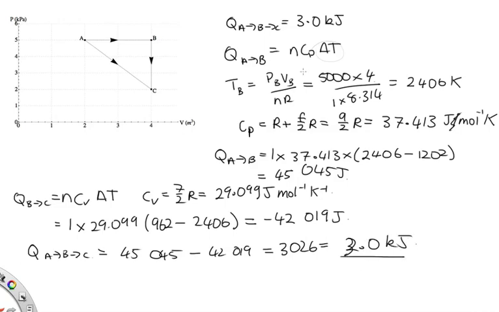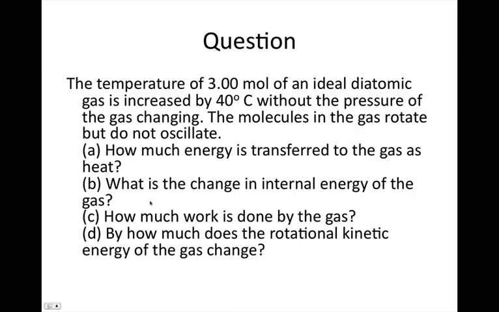So that gave us the same answer as we got using the first law of thermodynamics. As you can see, where possible, use the first law of thermodynamics because it's a much faster way to solve these questions. Okay, next question.